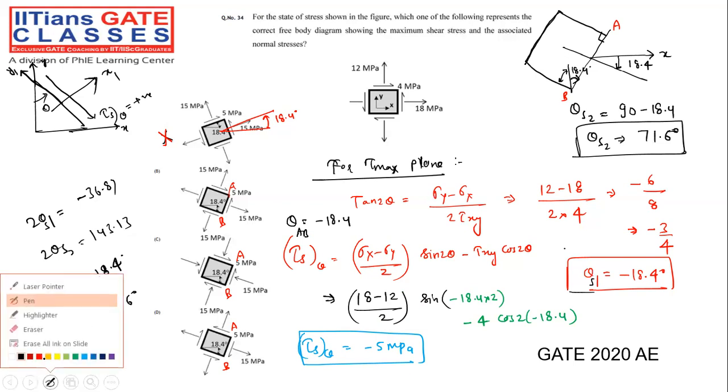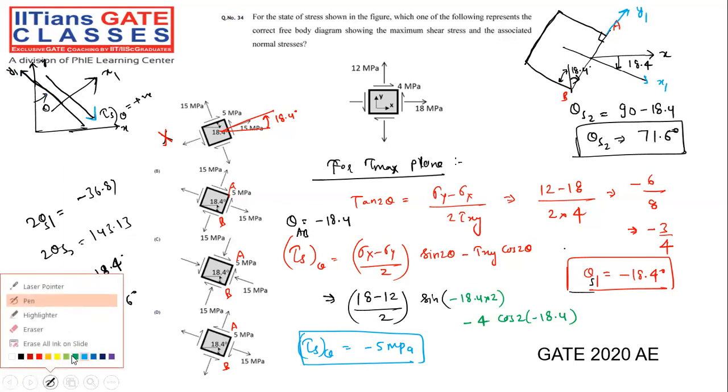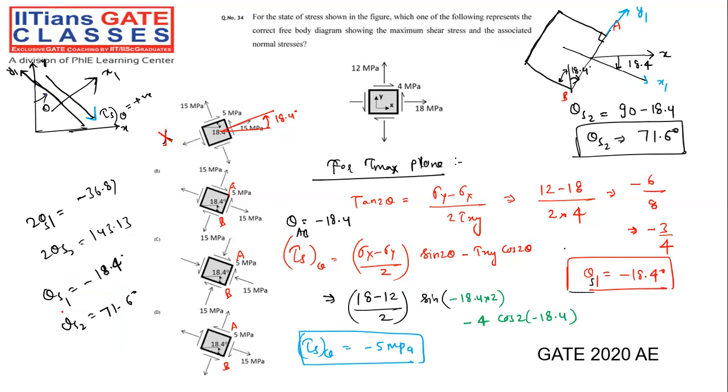x1. And what you are understanding, my dear friend, is that tau theta is acting opposite of the y1 axis, and that is positive. That means if I tilt my diagram, this will become x1 and this will become y1 for the plane AB. This will be the new coordinate axis, and this equation is called the transformation equation, because we are transforming our axes from x and y to x1 and y1, right?